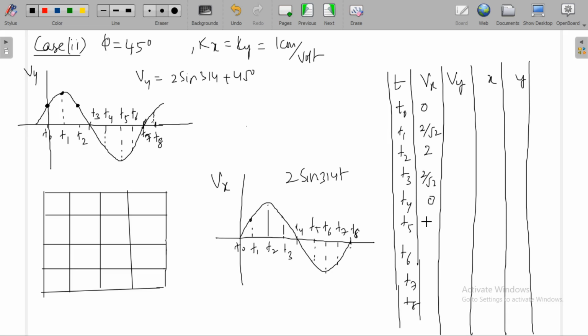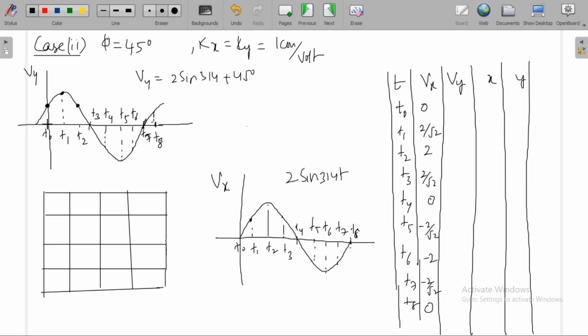At T5, it is minus 2 by root 2. At T6, it is minus 2. At T7, it is minus 2 by root 2. At T8, it is 0.